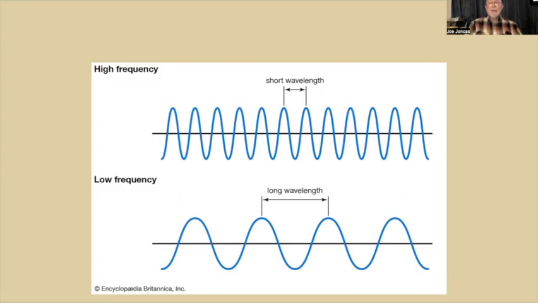Now, here's the wavelength. High frequency, you'll get a short wavelength. And remember, we're talking about 2 meters, 6 meters, 40 meters. That's our wavelength. So a high frequency gives you a short wavelength, and a low frequency gives you a long wavelength. Now I'm going to throw this at you.